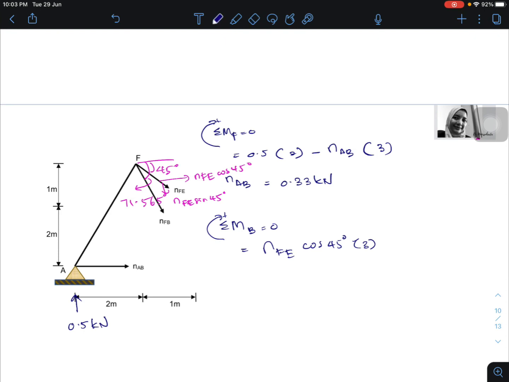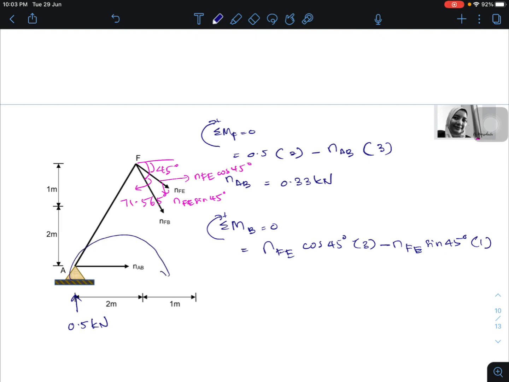And then we have NFE sine 45 degree. Actually NFE is here, so this one will rotate anti-clockwise about B, so it is negative NFE sine 45 degree, and the distance is 1 meter.